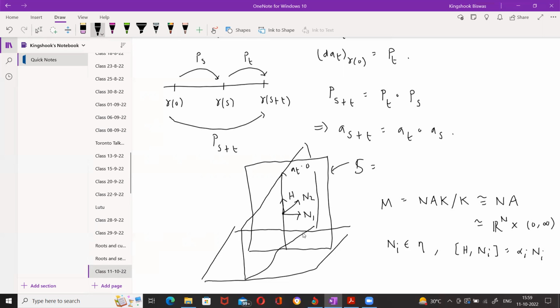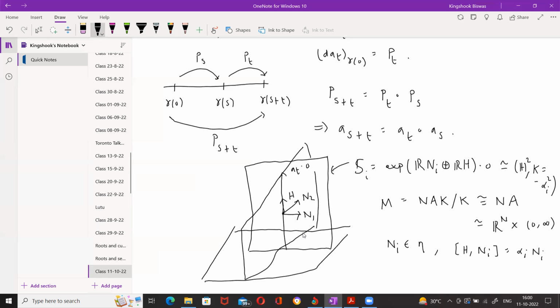This submanifold is exp of R N_i direct sum R H. This is a submanifold which will be isometric to H2, but not with constant curvature -1, with constant curvature K equal to minus alpha_i squared.